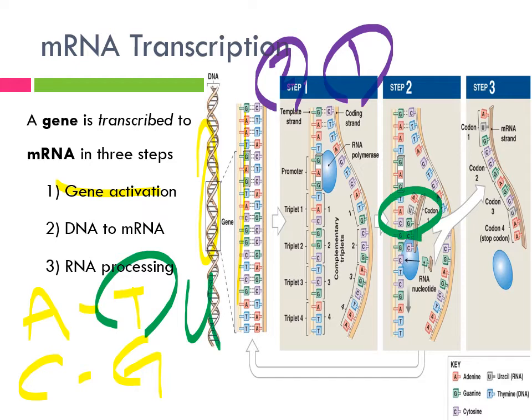And so this mRNA strand that we end up with contains the code of complementary bases that have been attached here to the template strand. And so now the mRNA will have the same code as the coding strand, except it will have uracil substituted for thymine.